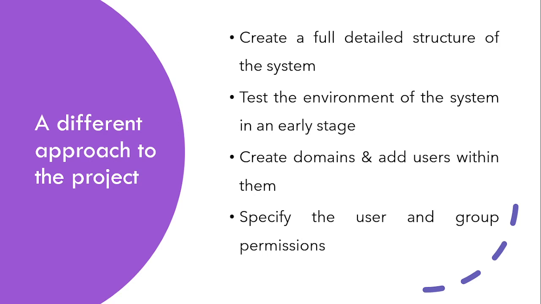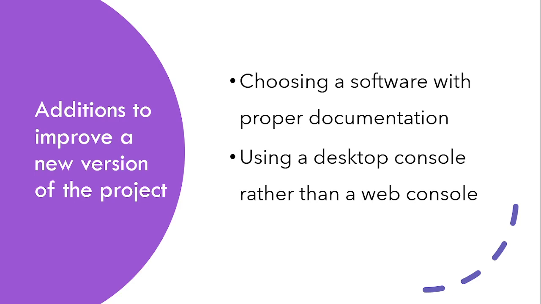The first step would be creating the domain and users. The fourth step, which will be last, is giving permissions and assigning groups. This time I did the opposite. I created the domain first, then users, I gave them permissions, then I created the diagrams. After that I created my Manage Engine. So I will go for that approach next time.